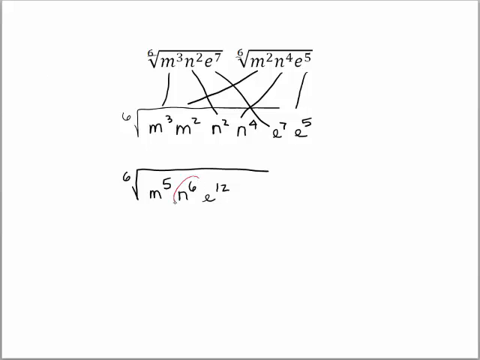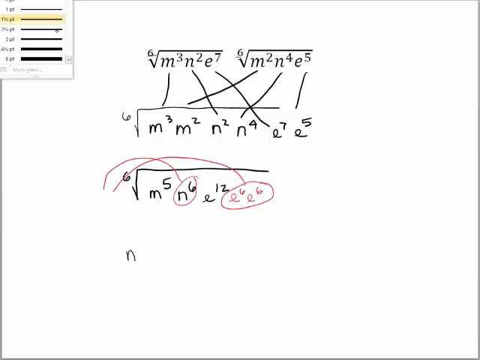We can take n to the sixth outside. And this we can really break up into e to the sixth times e to the sixth. So we can take both of those out here. Okay, let's rewrite it. We have n to the sixth that comes out as 1.